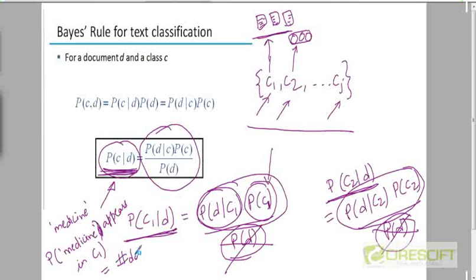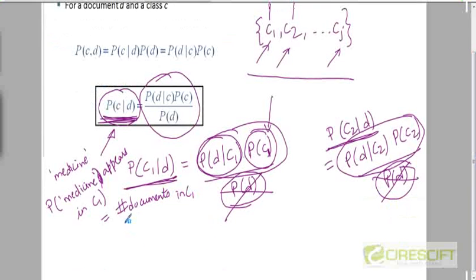Well, it's just the number of documents in C1 having that word divided by the total number of documents in C1. Right? Number of documents in C1 having the term medicine in it, divided by the total number of documents in C1.